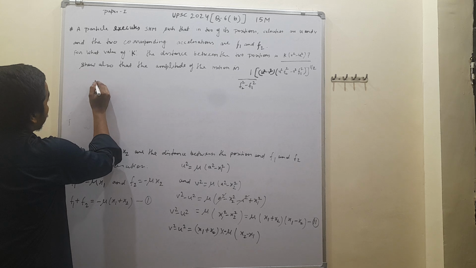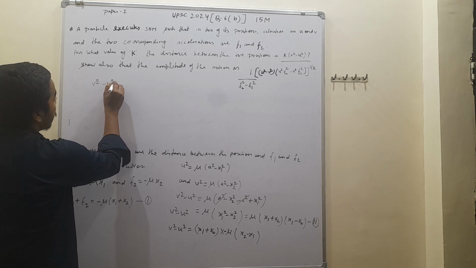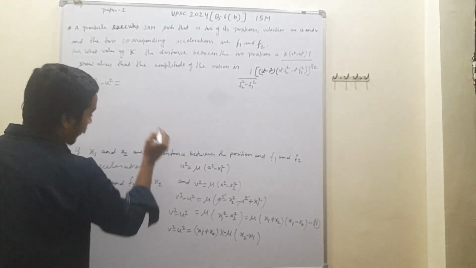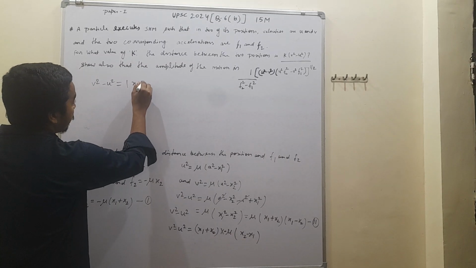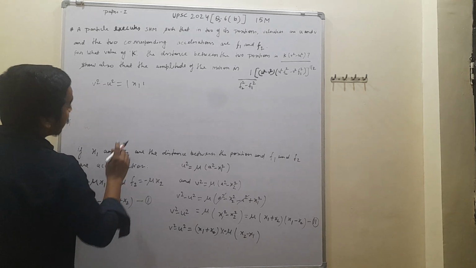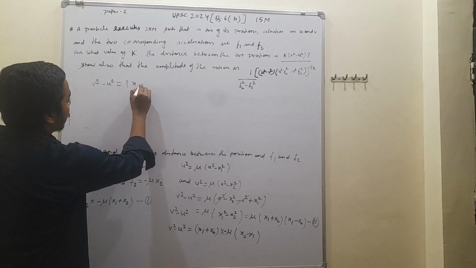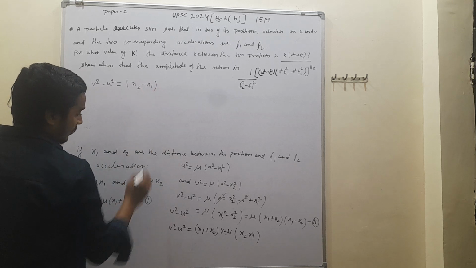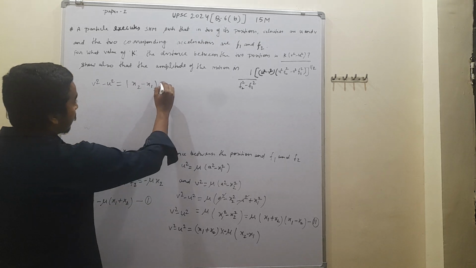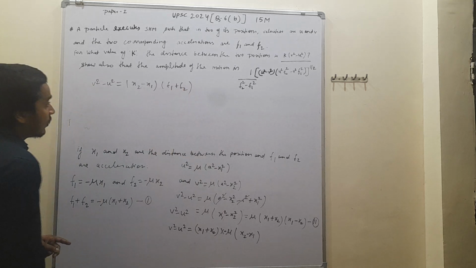That is, v square minus u square is equal to (x2 minus x1) into (f1 plus f2).